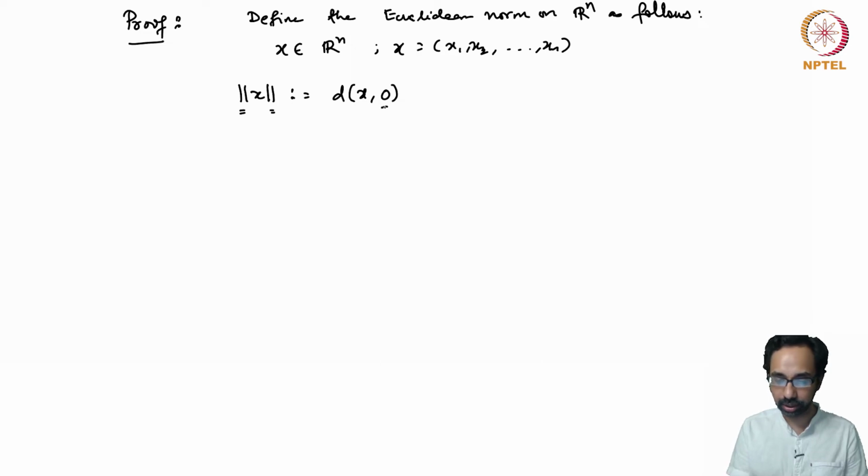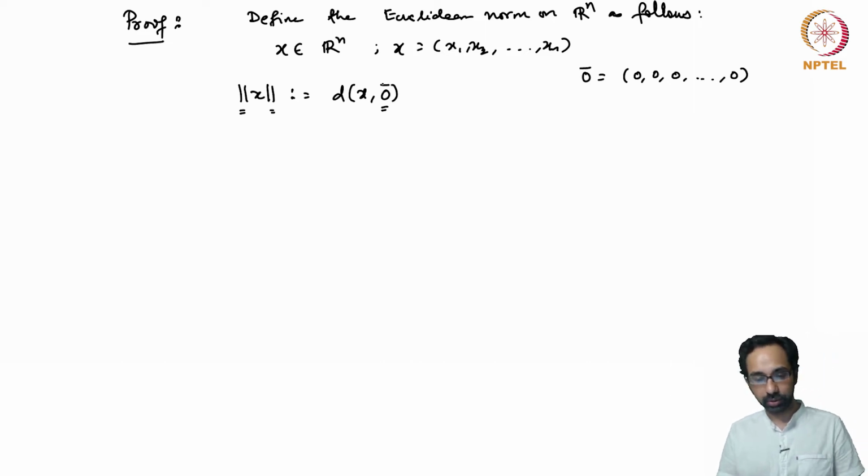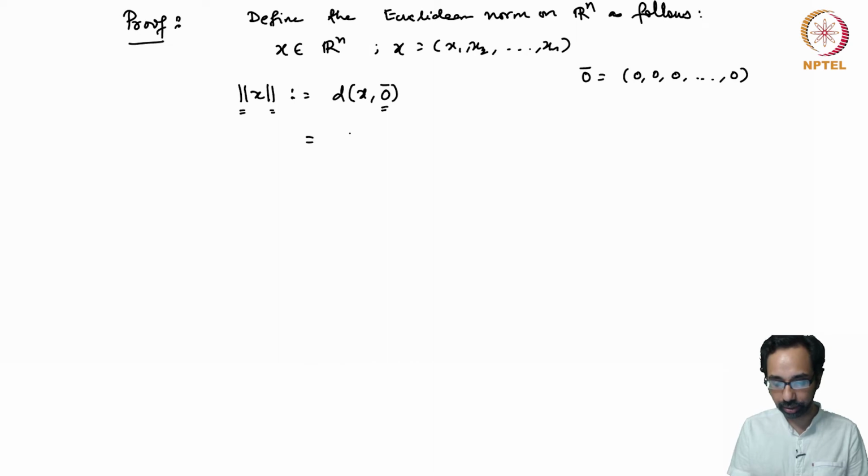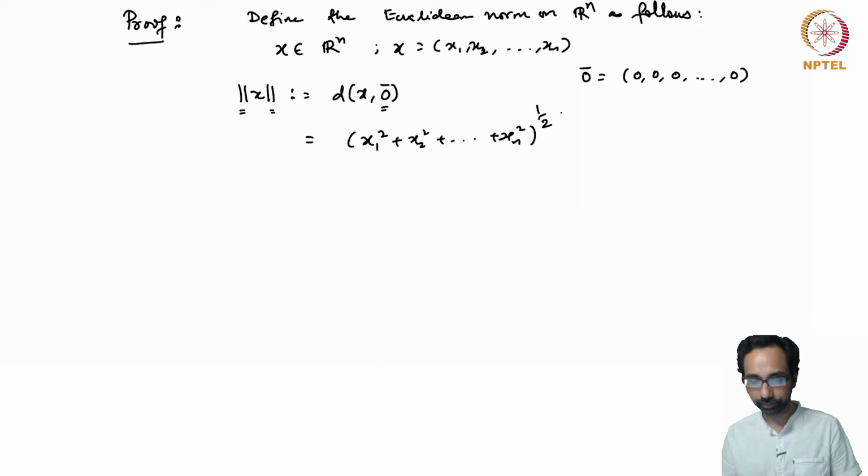Here this is not the real number 0, but rather a 0 having zeros in all coordinates. Let me write it 0 bar. So this is nothing but the square root of the sum of the squares x1 squared, x2 squared, up to xn squared.